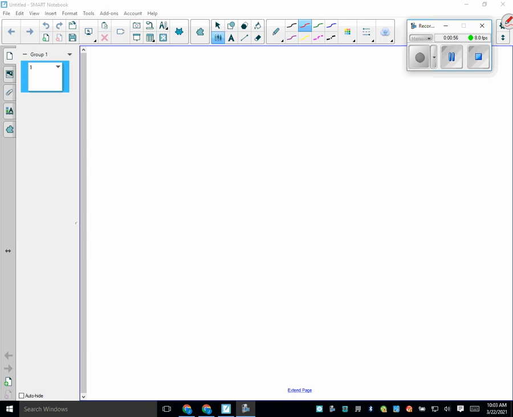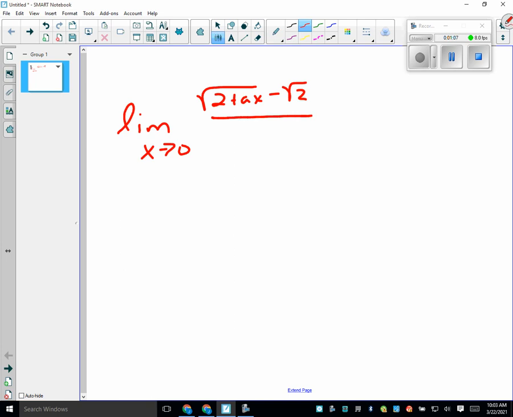On 8, I have this. The limit as x approaches 0 of radical 2 plus ax minus radical 2 over x equals radical 2. Correct? Yes. For the part on the left side of the equal sign, does L'Hopital's apply?